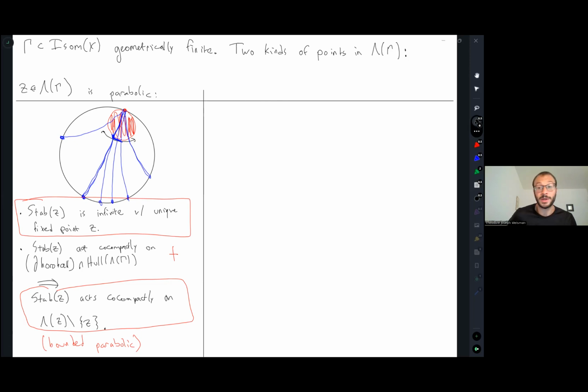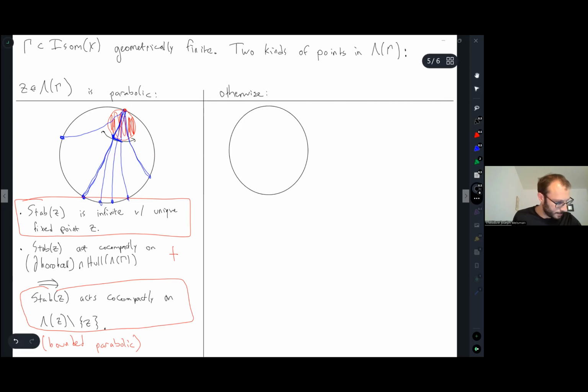Okay, so that's one kind of point that can show up in the limit set of this geometrically finite group. What do all of the other points look like? Well, if you think about it, let me take any other point z in my limit set.